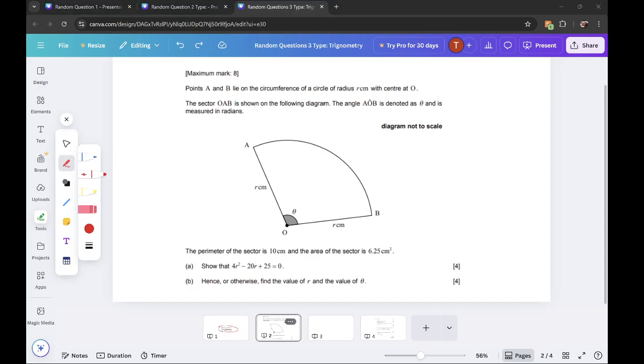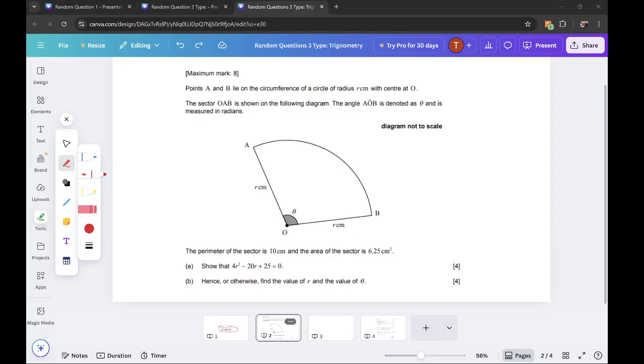When you're seeing this equation, you might be really confused and not know what to do, because they've just asked you to show some quadratic equation equals 0, and they haven't shown you how to get there. So what you have to do in this question specifically is read whatever information is given to you really well, especially this last line.